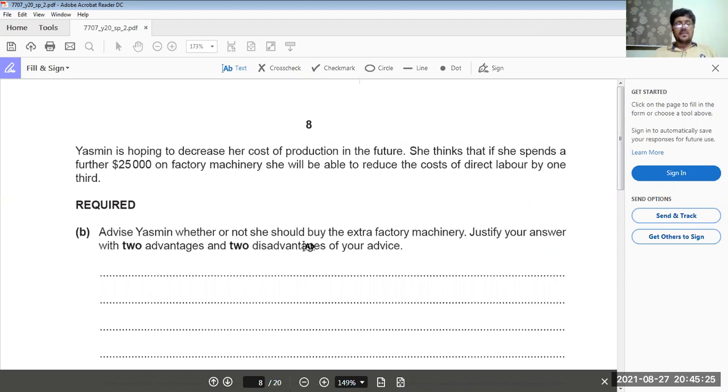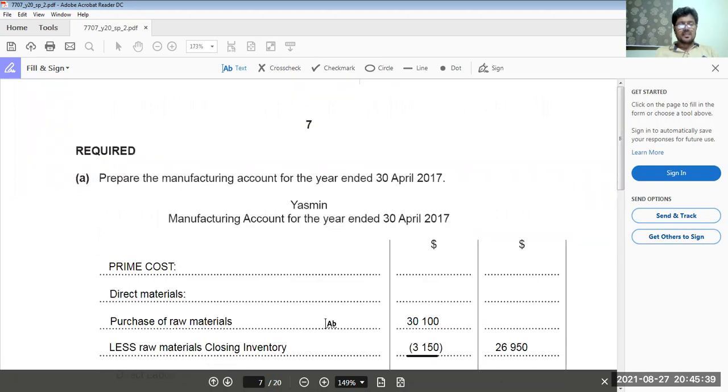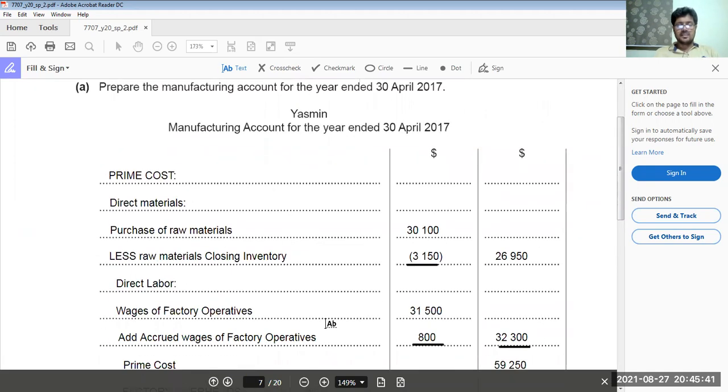Now, what do you think? If Yasmin is going to replace 1/3 of the direct labor, so if you calculate 1/3 of the direct labor, direct labor is how much? 32,000.